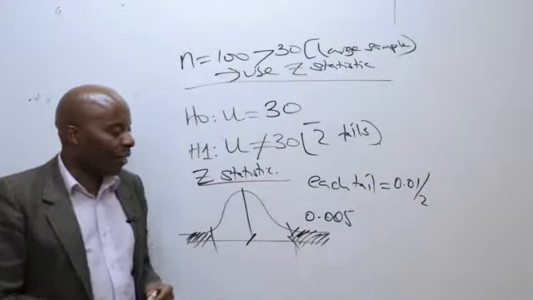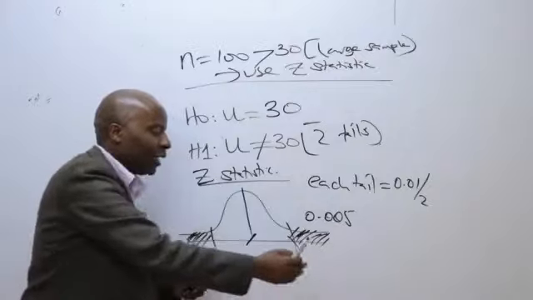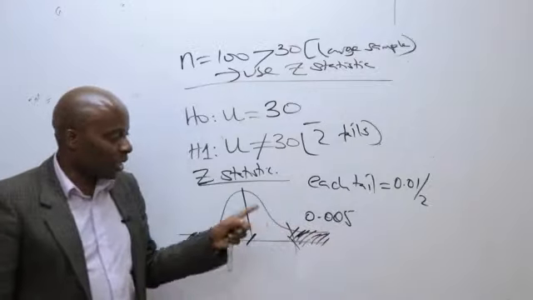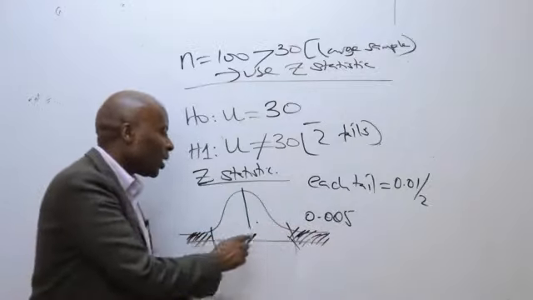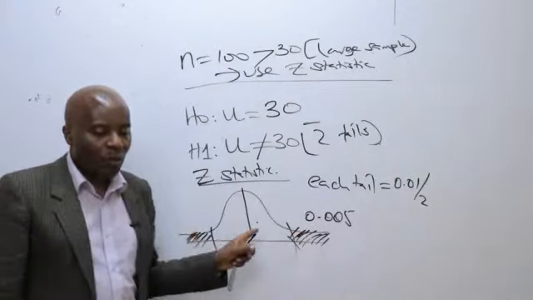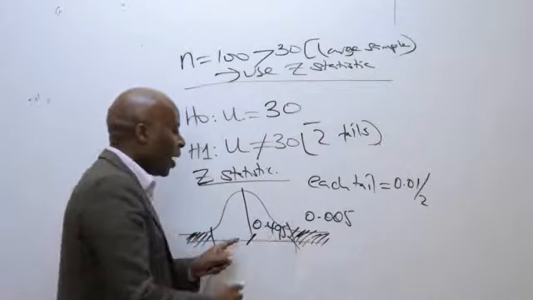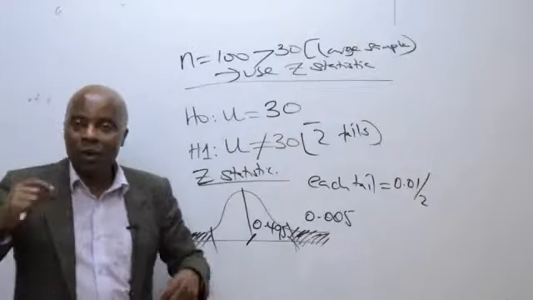So 1 divided by 2 gives me 0.5. Then we have this small shaded area 0.005. Therefore this one will be 0.5 minus 0.005, which gives me 0.495.